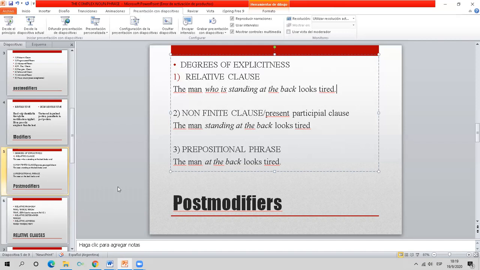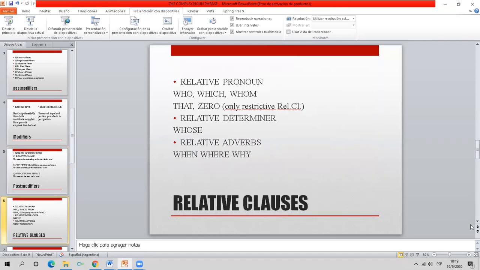Now, if we concentrate on relative clauses, we know that the word that we find at the beginning of the relative clause is typically, or could be, a relative pronoun: who, which, whom, that, or zero, zero only in the case of restrictive relative clauses.